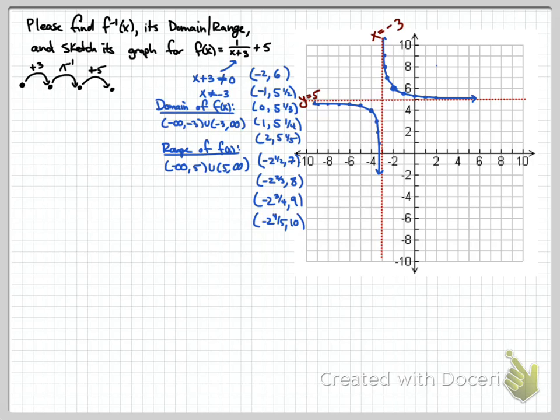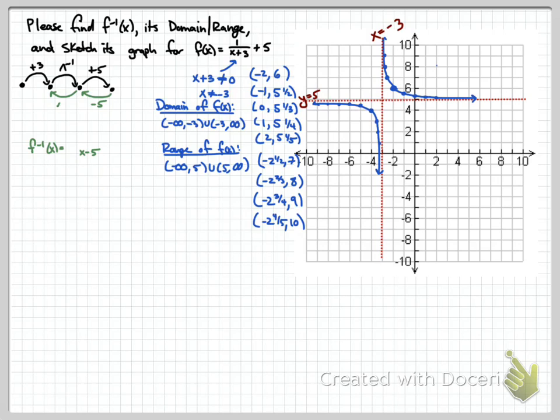So if we're going to try to find our inverse function, which we will do in green, the first thing our inverse function needs to do is subtract 5 from its input. So if we're going to piece together our inverse, f inverse of x, the first thing we have is x minus 5. How do you undo taking the reciprocal of something?